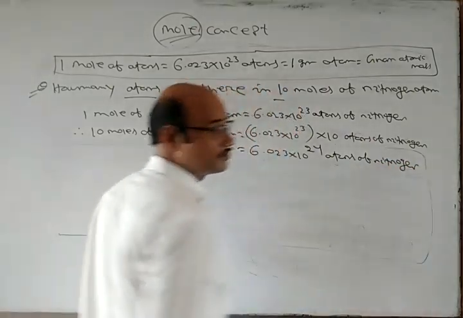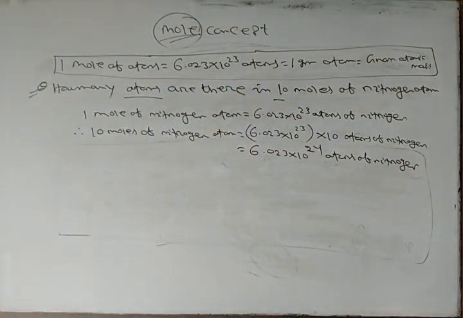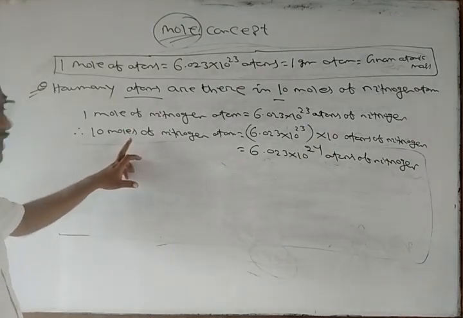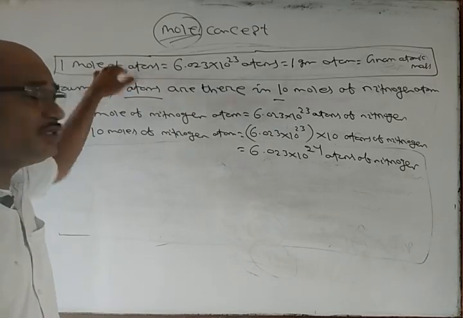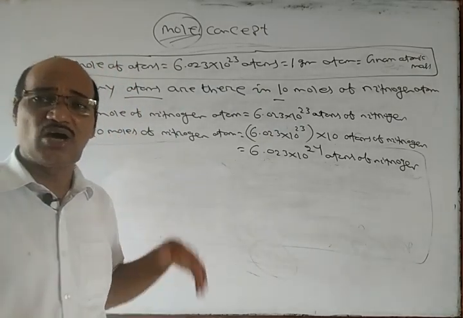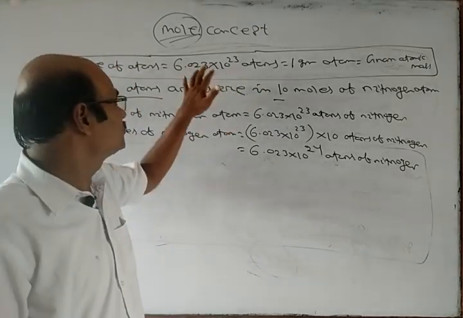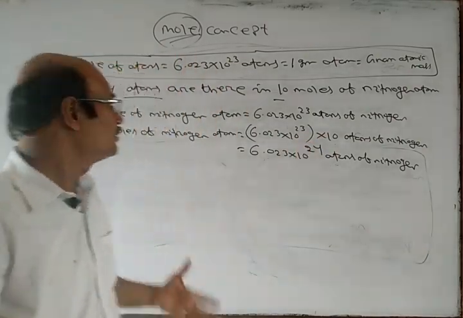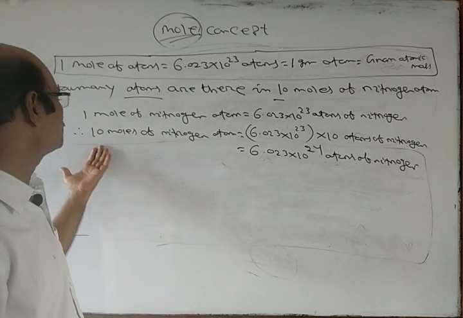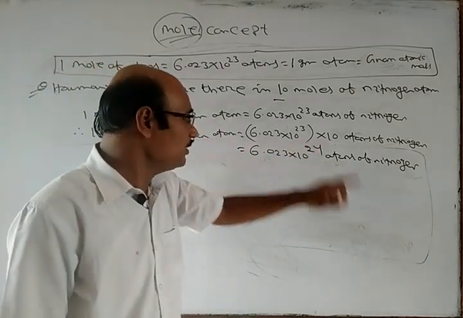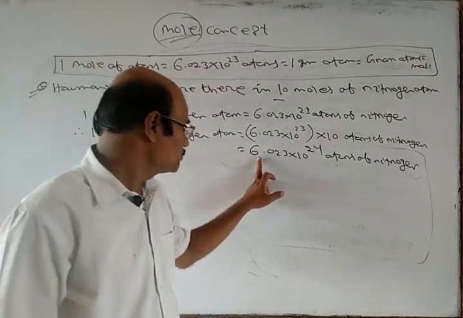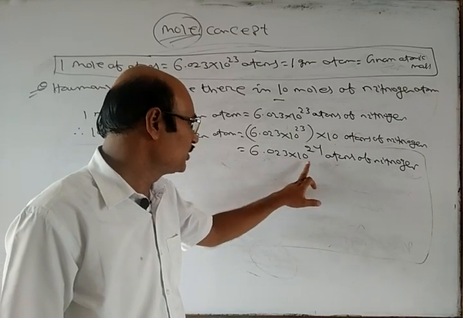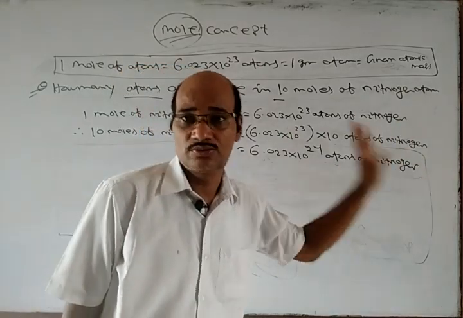Is that clear? So this is the relationship between the number of atoms and moles. As we know, 1 mole of every kind of atom is equal to 6.023 into 10^23 atoms. Here 10 moles are given, so I just multiply this by 10, which equals 6.023 into 10^24 atoms of nitrogen. Clear?